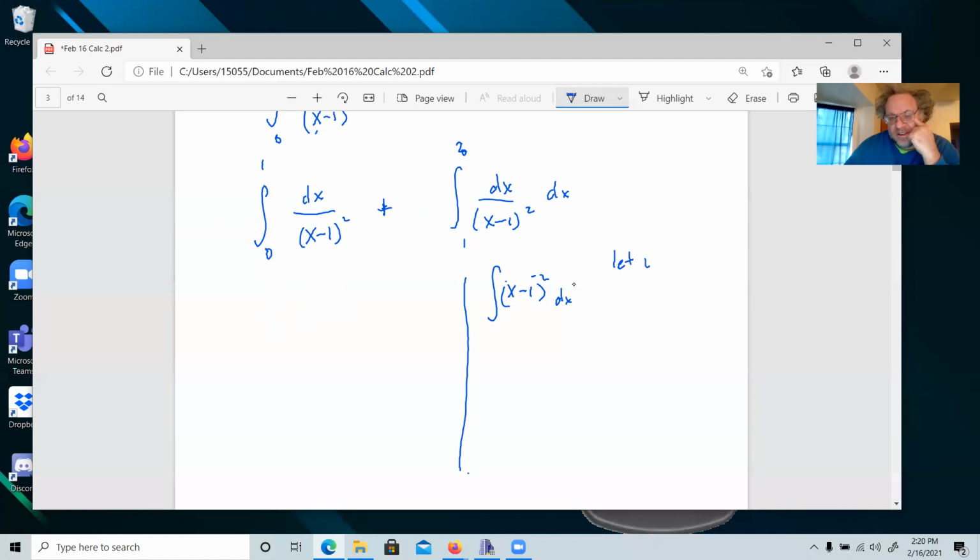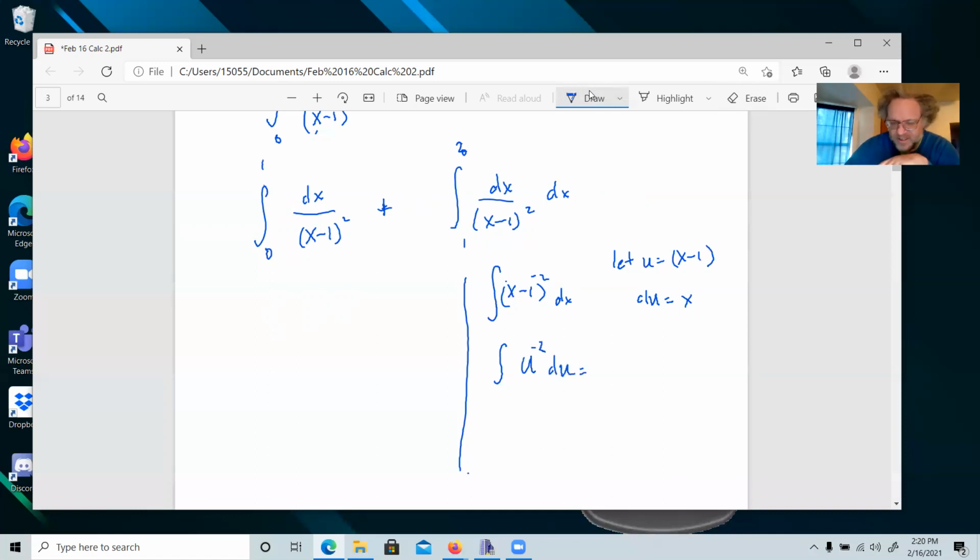We'll say let u equal x minus 1, so du equals dx. So really we have the integral of 1 over u squared, or u to the negative 2, du.